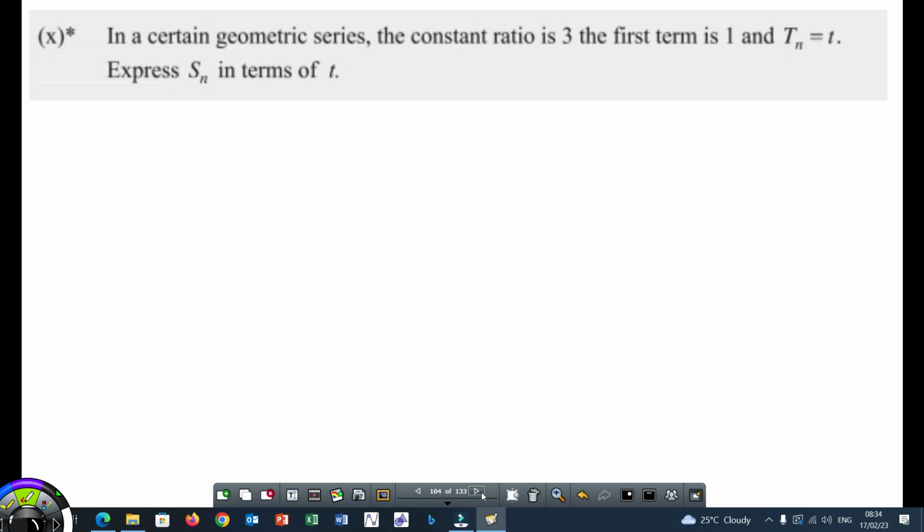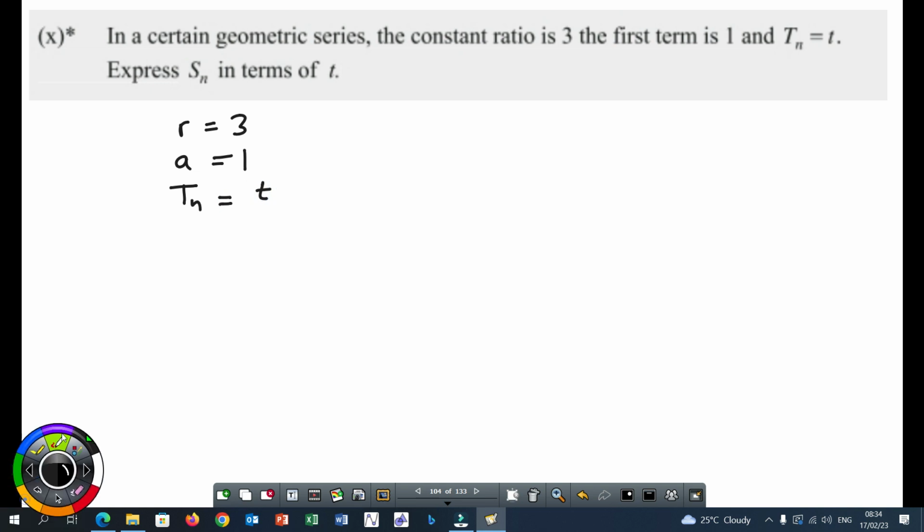So the question says, in a certain geometric series, the constant ratio is 3. So R is 3. The first term, A, is 1. Right? Then it says Tn is equal to T. Now, what is Tn? It is the general term.